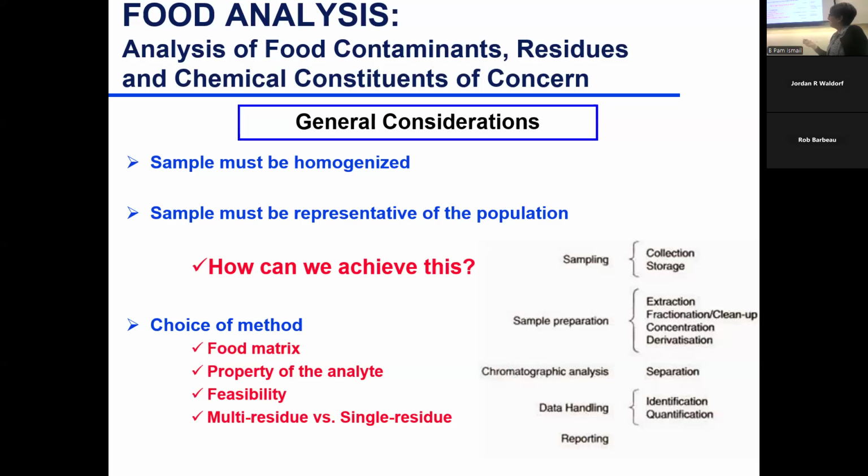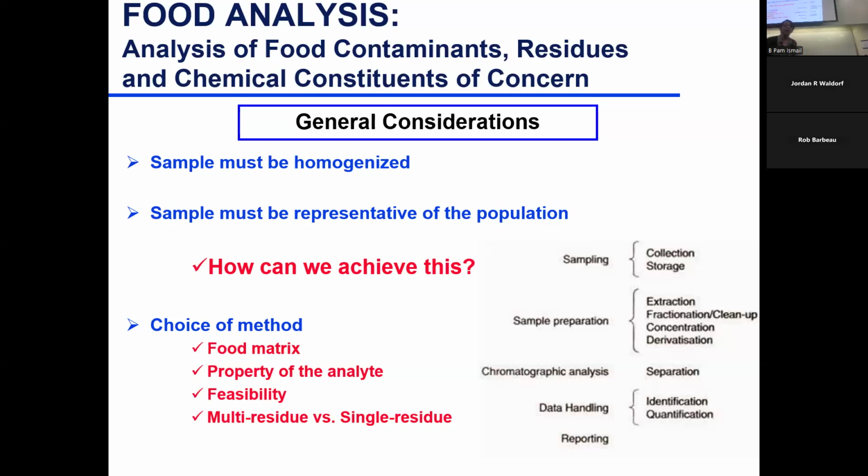And then, am I doing a multi-residue or a single residue? This is relevant when we talk about pesticides, because crops usually are given a range of different pesticides. So if I want to look at multiple pesticides at one time, I have an approach that's called multi-residue.